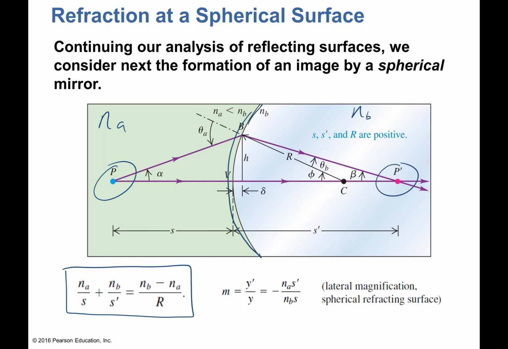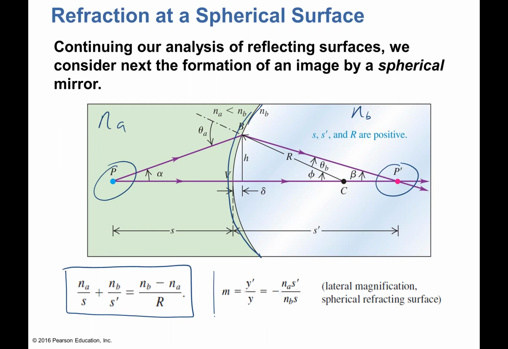In this case, it doesn't necessarily mean that it's always going to be the case, but let's say, for example, the equation here is taking NB over s prime as a ratio. On the other side, you have the difference between indices of refraction, NB minus NA, divided by the radius of curvature.